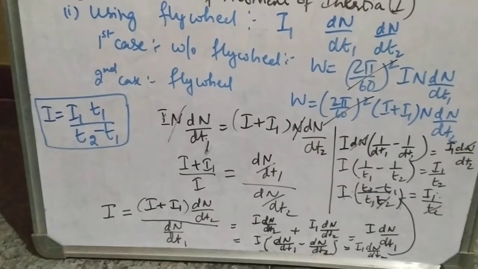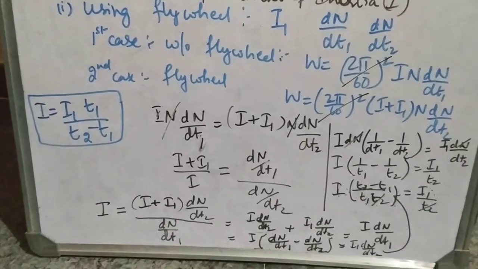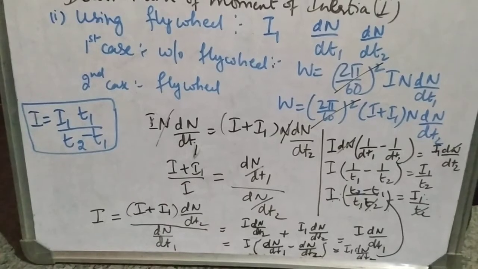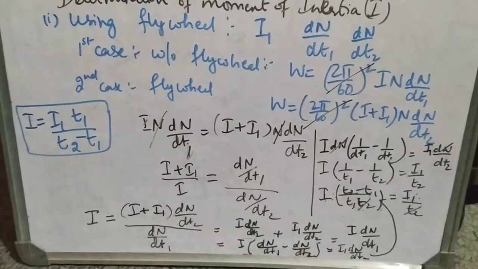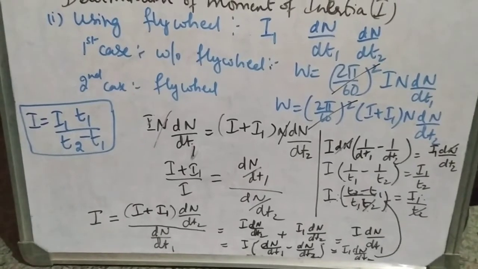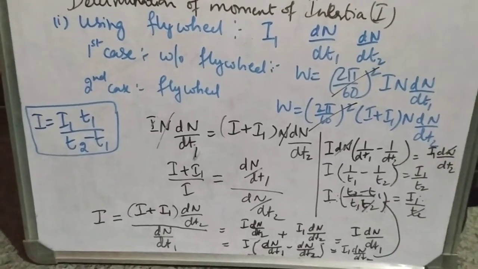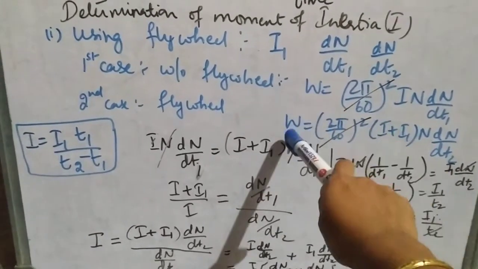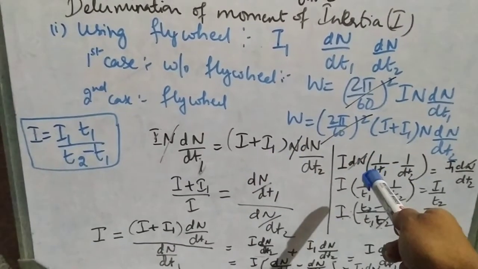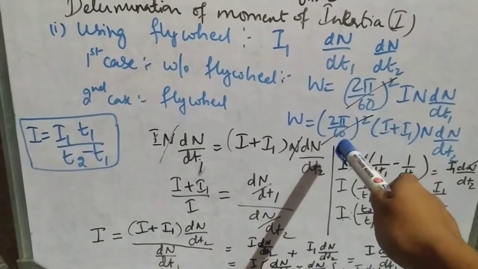W is taken as (2 pi by 60) whole square into In into dN by dt1. The additional rotational loss is W plus W dash, which equals (2 pi by 60) whole square.